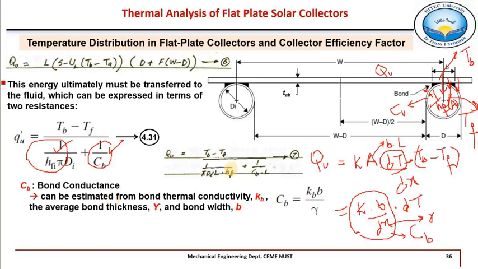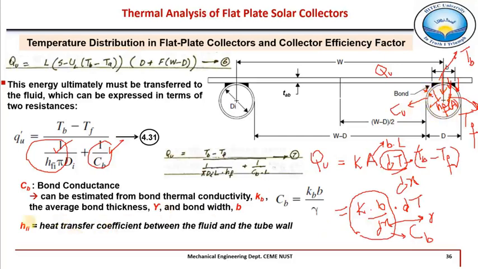Now the next term is the heat transfer resistance to this fluid, the convective heat transfer of this fluid which is flowing through this pipe, and that is given by HFI, the heat transfer coefficient between this fluid and this tube wall.